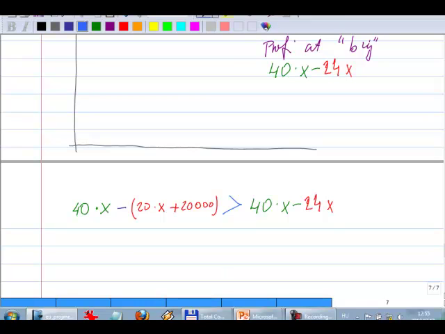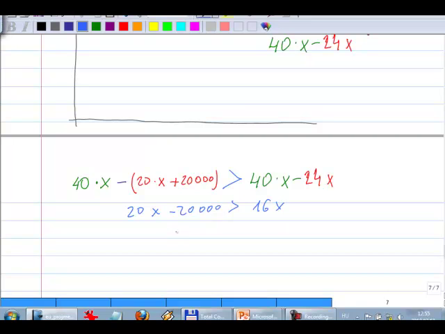Okay, continue. That is 20x minus 20,000 greater than 16x. Is it correct?